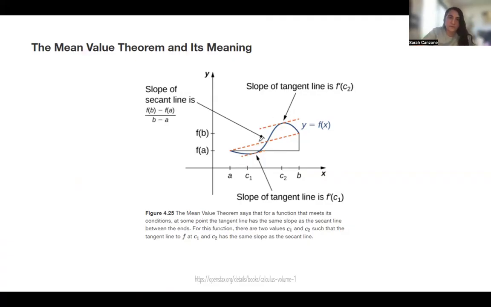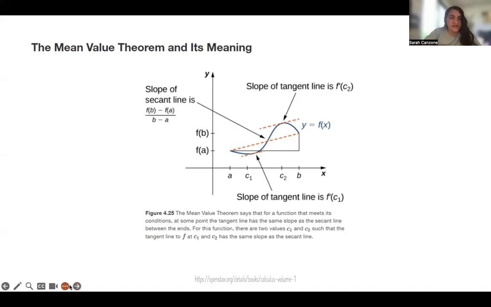And then we have a starting point and an ending point, and then the slope of the secant line, which is just the line that connects those 2 points. So essentially the mean value theorem, it says it down here, is we're looking for a tangent line that has the same slope as the secant line between the endpoints.